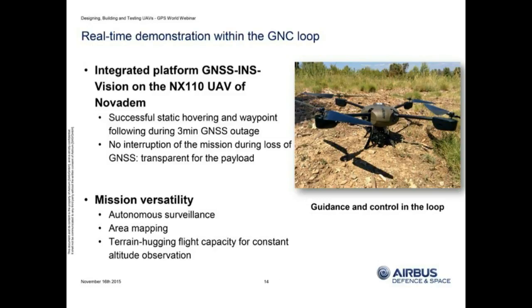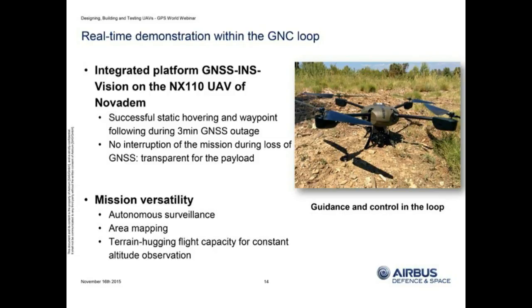That was the obvious goal. And so we carried the odometry technology, what we call the ultra-fast SLAM, on board a UAV. And we could make the demonstration of navigation without GNSS.